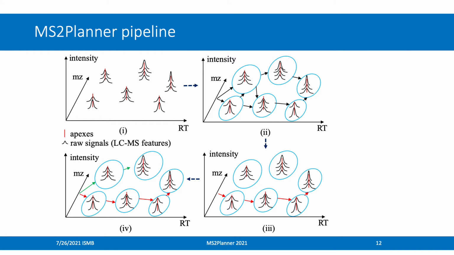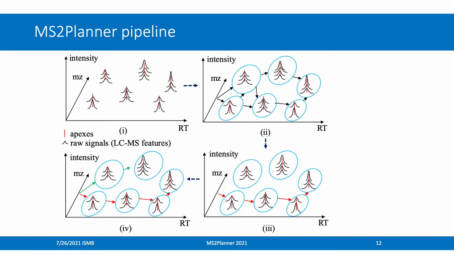In order to solve the optimization problem, we developed a computational method, MS2Planner. So here is the pipeline. We start from a full MS1 survey run and use OpenMS to detect the apexes and cluster the raw MS1 signal. With this raw signal and clusters, we will construct a graph of the possible data collection paths, and we will discuss how to construct the graph later in detail.